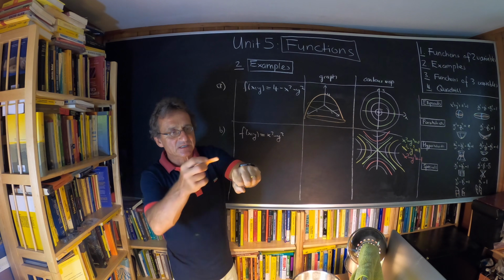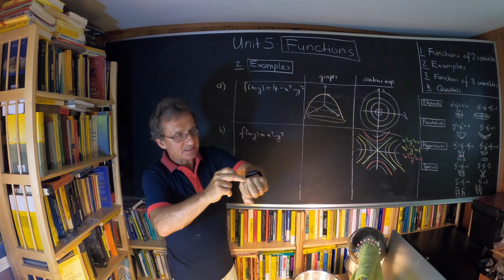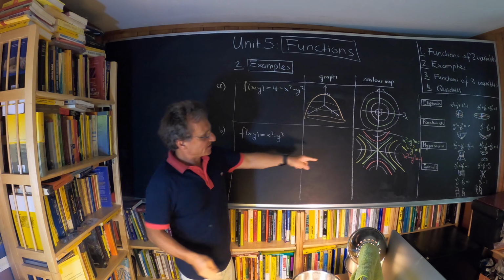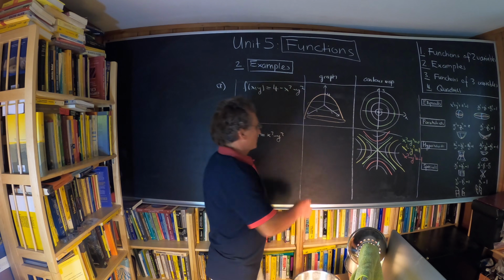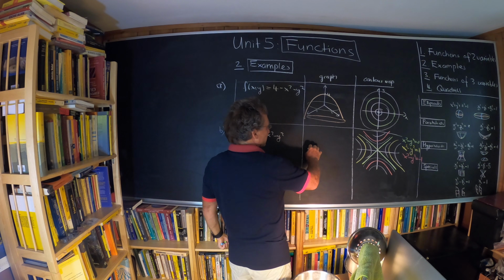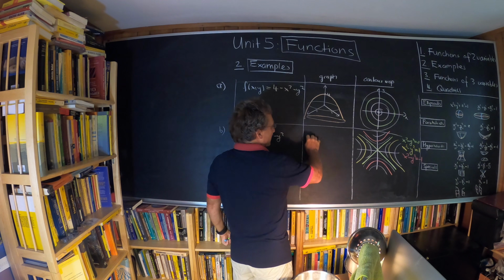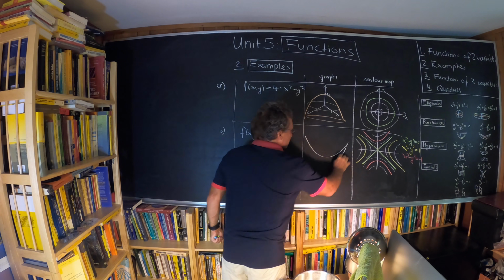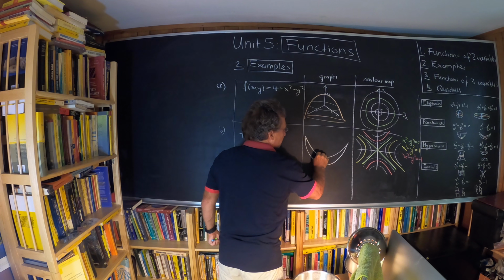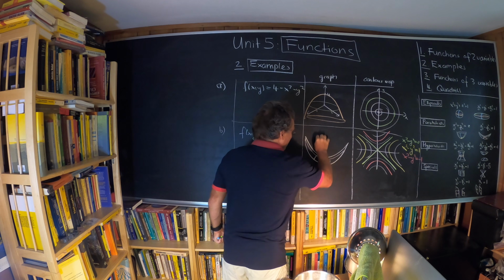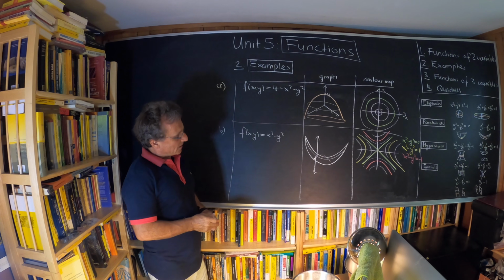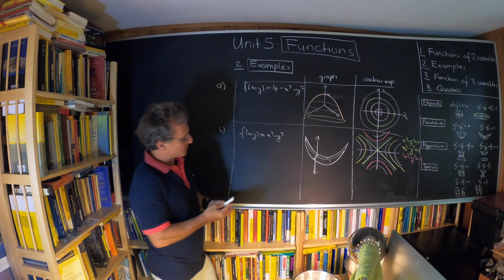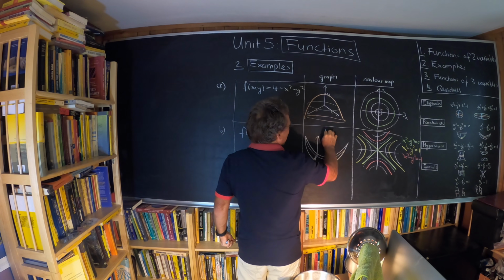So this is a very important example, and you have it always on your hand. When you make a fist, you see this saddle type situation. So we are going up here, and then we are going down here. One way to draw this is like that. So that's the surface. It's a hyperbolic paraboloid.